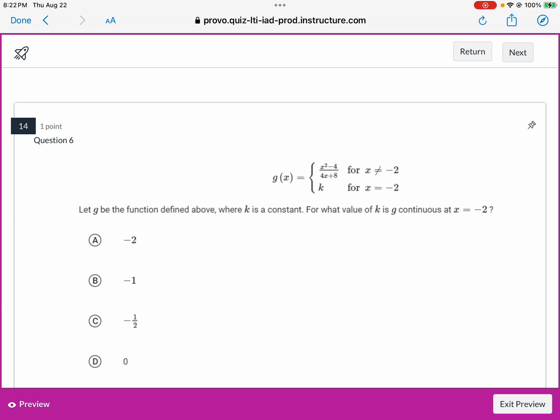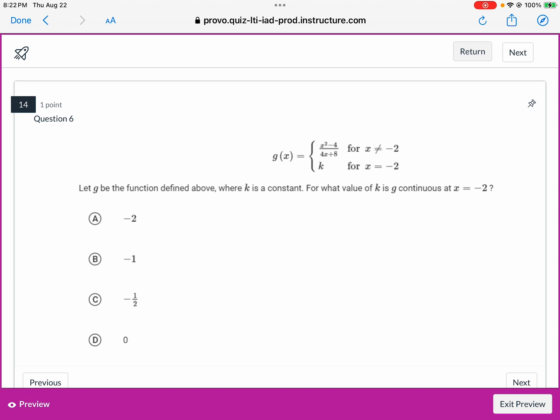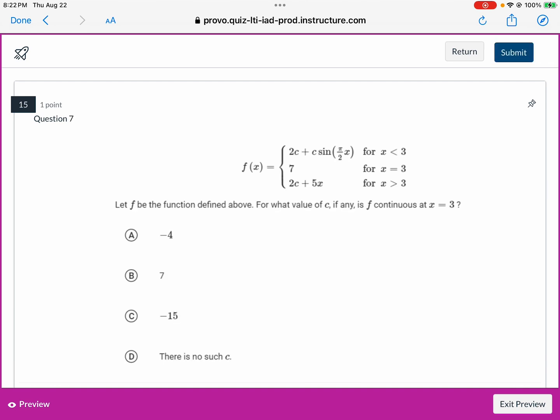And then, it might even be easier at that point. You can plug in -2 and see what would have to be the value of k. So, yeah, see if that does anything right there. So pretty much just like factor, simplify, plug in, and see what value it would have to be. Okay, looks like there's a removable discontinuity, and you're just trying to see what that value would have to be.